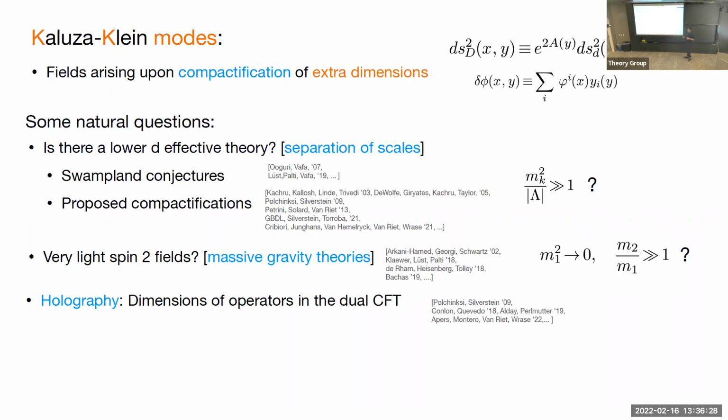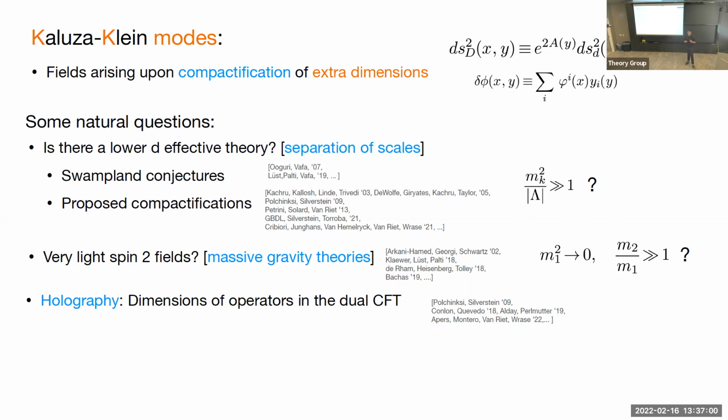And in such a scenario, you can ask some questions. For example, you can ask, is there a way in which the lower dimensional physics really looks lower dimensional, not just some rewriting of the higher D theory, which is something you can quantify by asking what is the mass scale of this Kaluza Klein particle compared to, say, the scale of the cosmological constant in the lower dimensional vacuum.